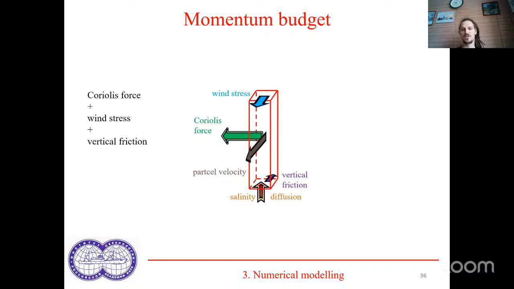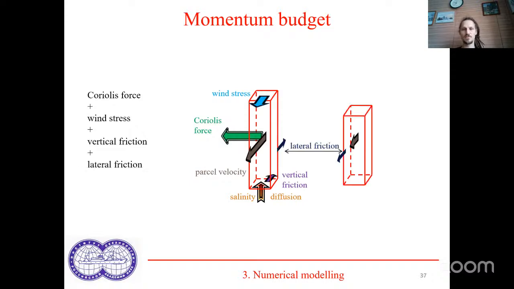We have mixing, which is provided by friction between river plume and subjacent sea, and we have lateral friction between adjacent parcels because we have some fluid viscosity. And we have pressure gradient force.